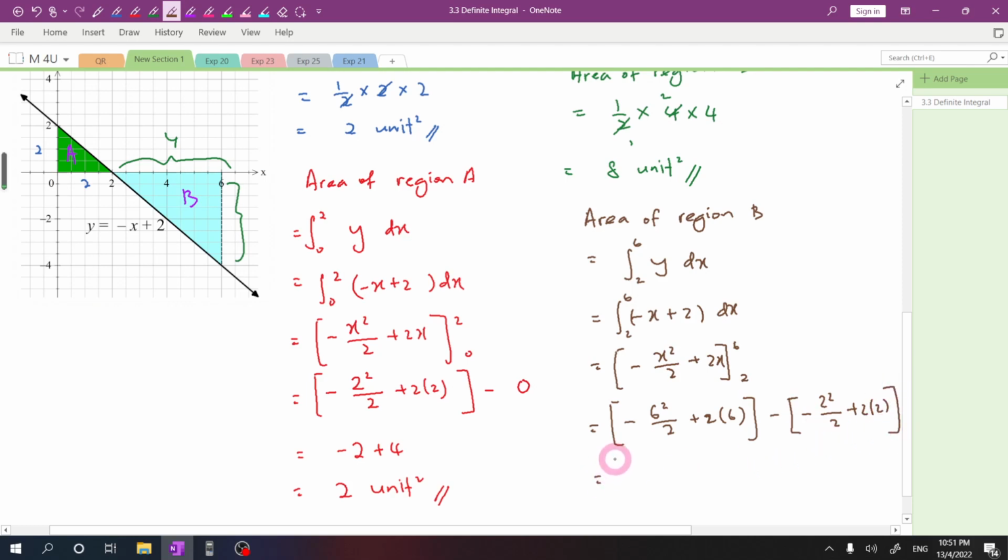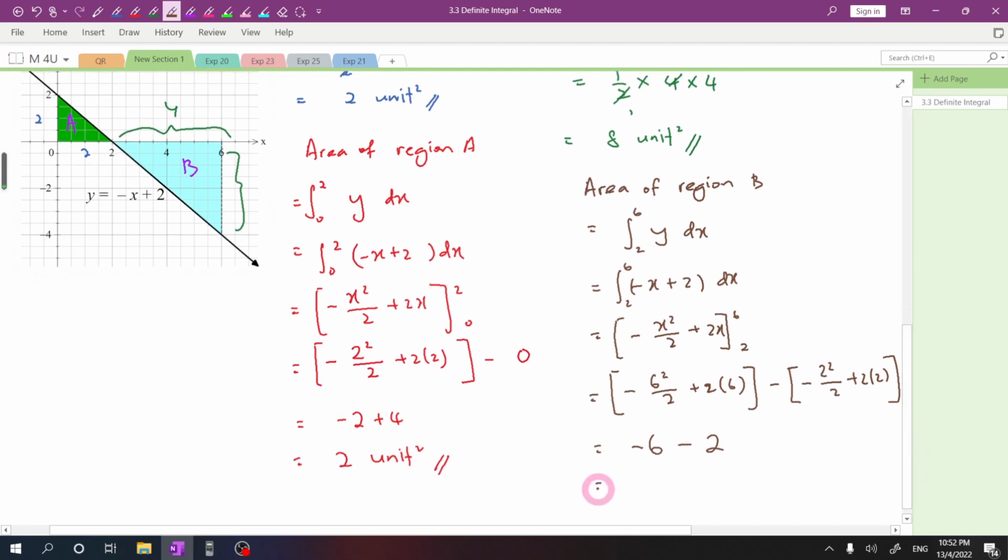Okay, this one you can just press your calculator. Negative 36 over 2 plus 12. You get negative 6 minus, copy first, and this part is actually equal to this 2. You will get negative 8, right?